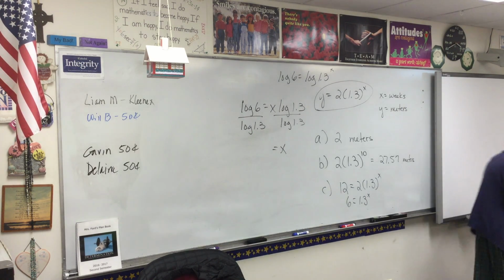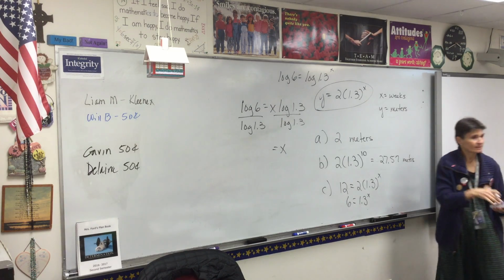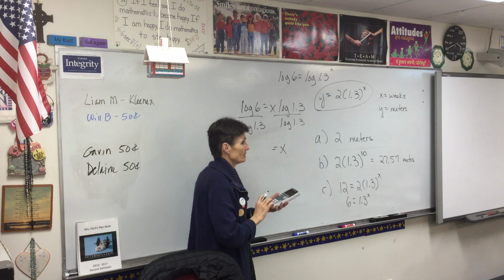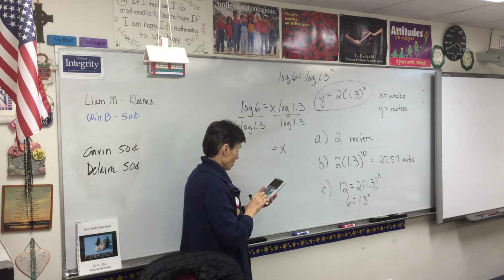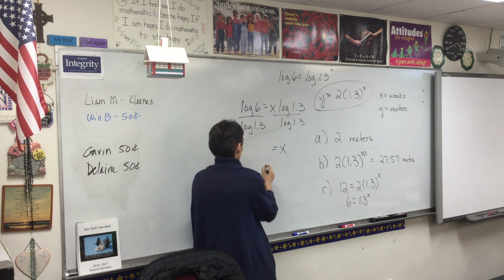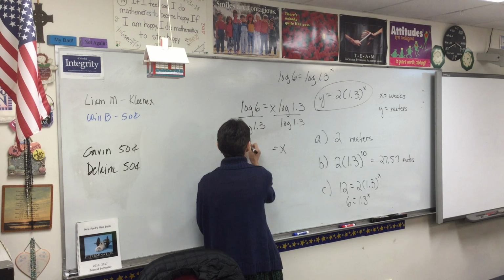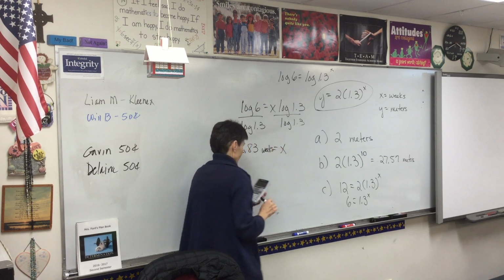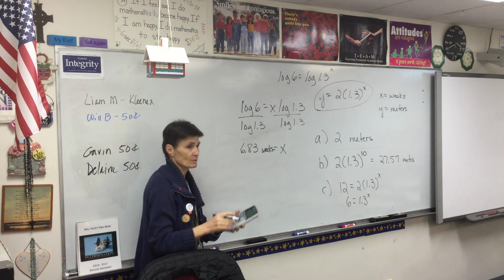So, are you starting to see that it's a different problem, it's a different application, but don't we do it the same way? Log 6 divided by log 1.3. Looks like it'll be about 6.83 weeks for it to be 12 meters long.